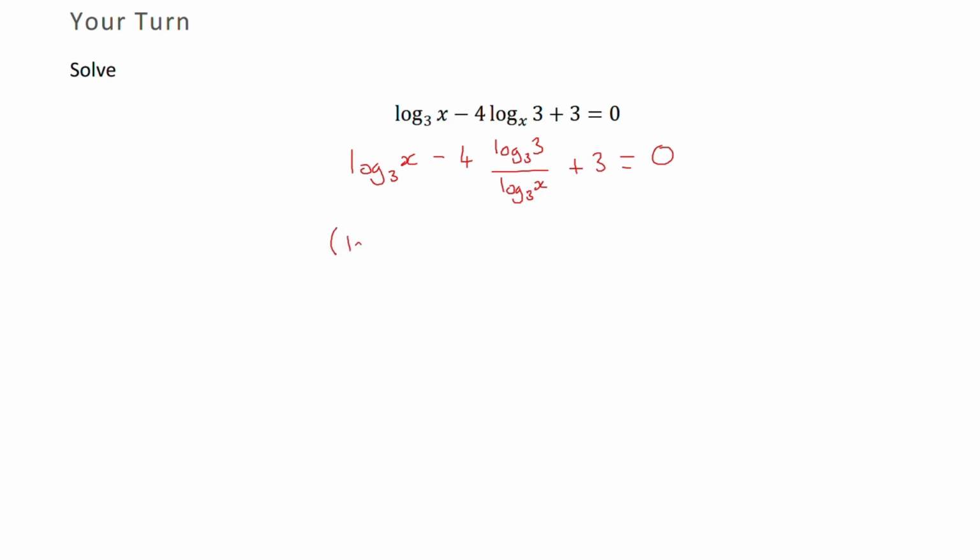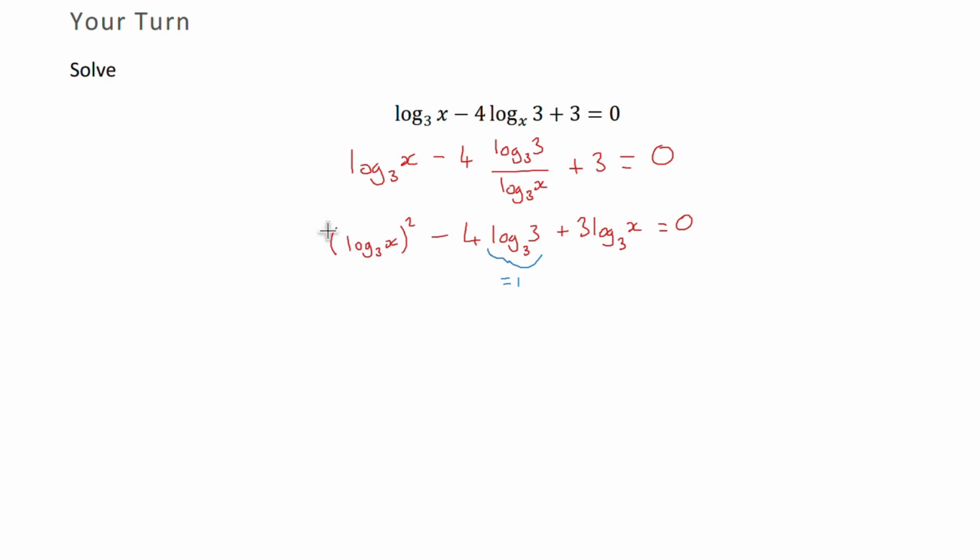I'm going to end up with log base 3 of x squared minus 4 log base 3 of 3 plus 3 log base 3 of x is equal to 0. Now, log base 3 of 3 is just equal to 1.